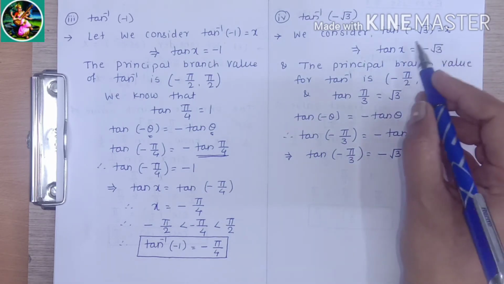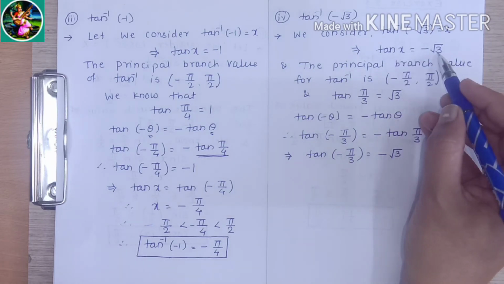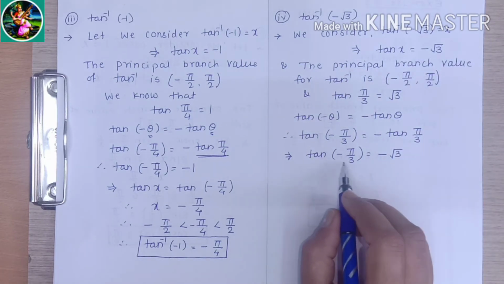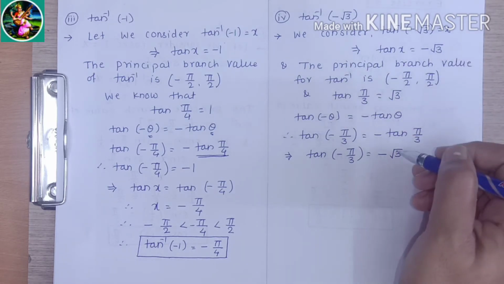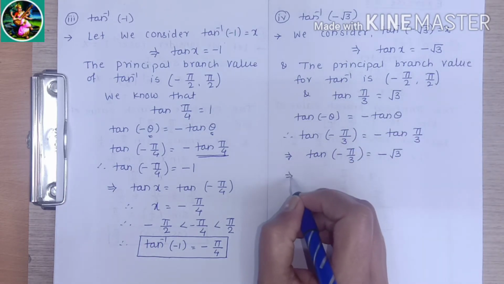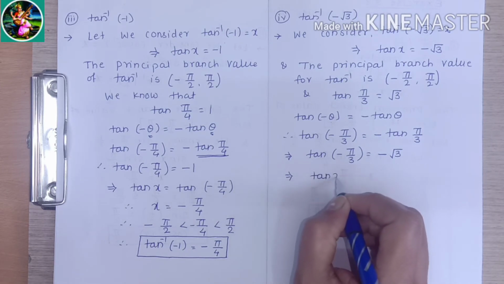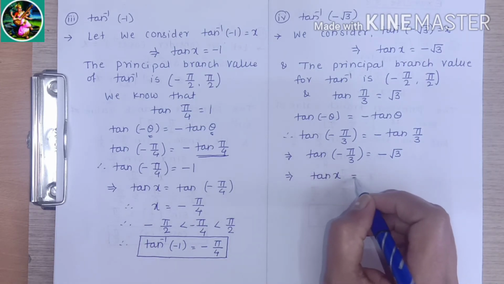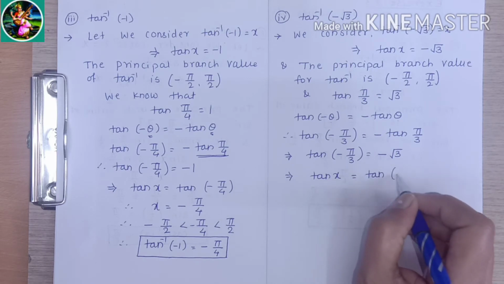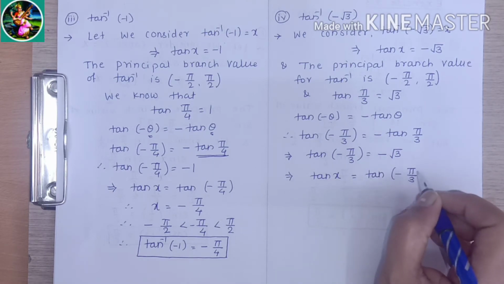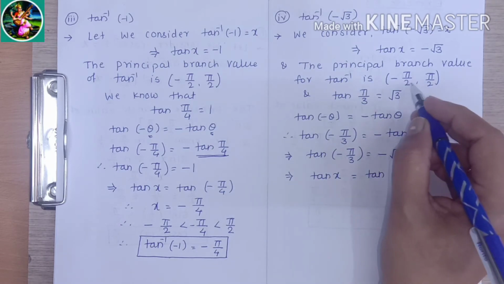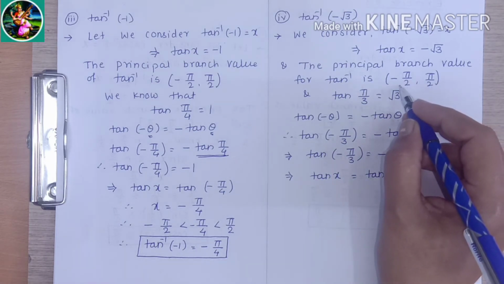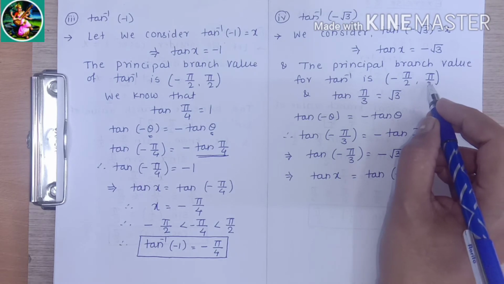Therefore, the two equations, that is tan x is equal to minus root 3 and tan of minus pi by 3 is minus root 3, both have their right hand sides equal. That implies their left hand sides are equal. Therefore, tan x is equal to tan of minus pi by 3. And that minus pi by 3 belongs to the given open interval minus pi by 2 to pi by 2.